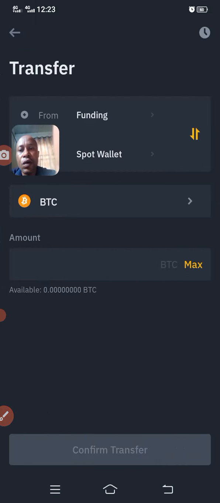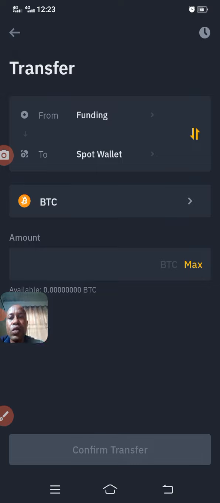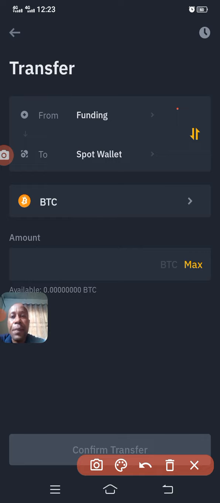It will show you the USDT that I just got from the peer-to-peer market. All I need to do is to click on this button, transferring the money that I bought, USDT or BTC, depending on what I bought, from funding wallet to spot wallet.